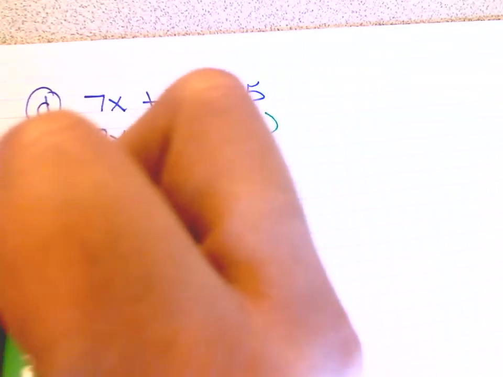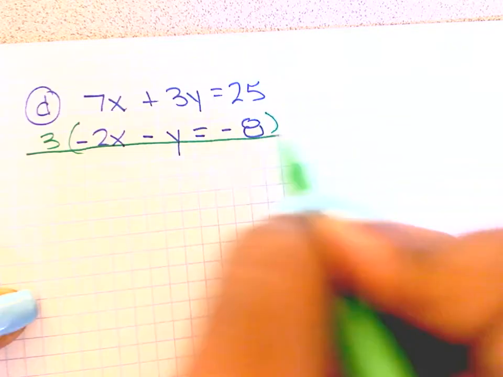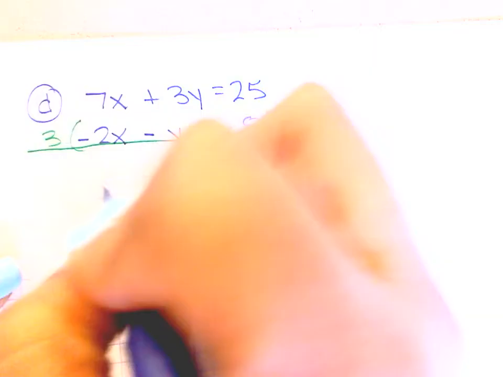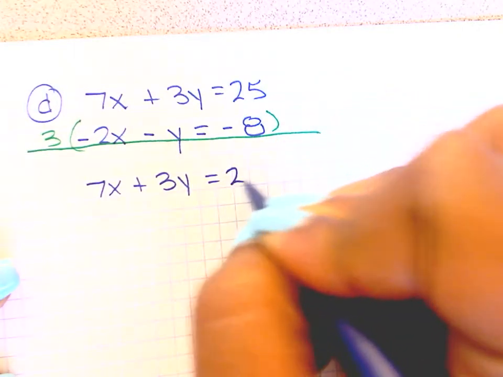Okay, so I'm going to multiply by 3 for the second equation. My first equation stays the same: 7x plus 3y equals 25. We didn't change that equation.